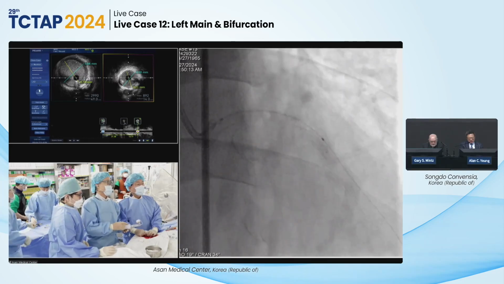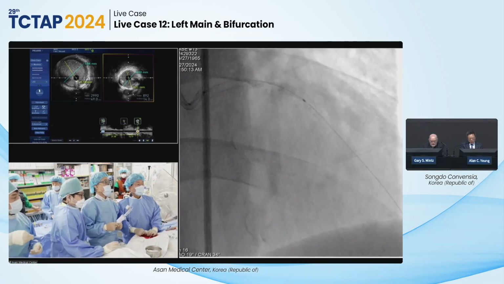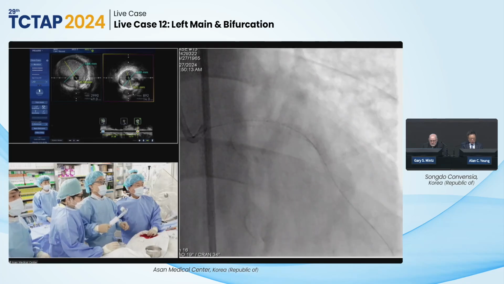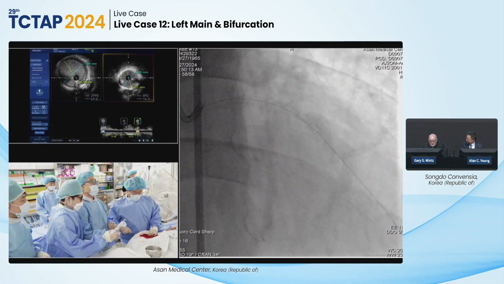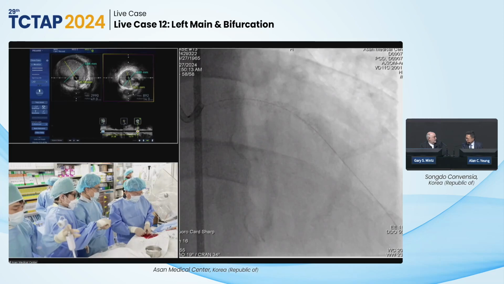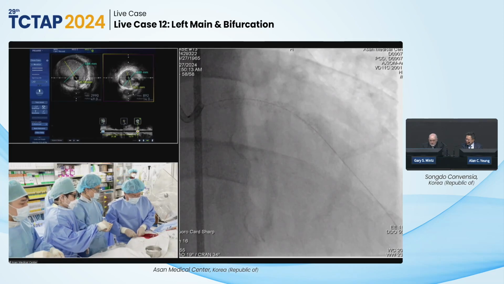For the step-down of the FFR of 0.1, 0.12, I thought the initial approach would be fixing the left main to LAD and stopping before the bifurcation, and then see what you have after that.